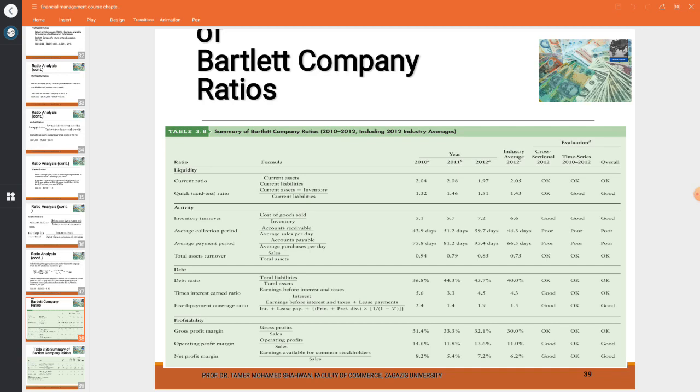As you see, when you compare the quick ratio to the current ratio, you will find that the quick ratio numbers are more accurate because we excluded the inventory. But when we compare it with the industry average, also it is okay because all of them are around the industry average. Looking over the time series, we have a positive trend, 1.32, 1.46, 1.51.